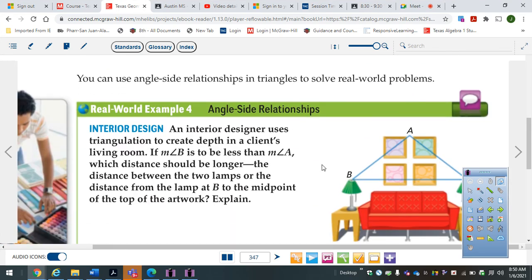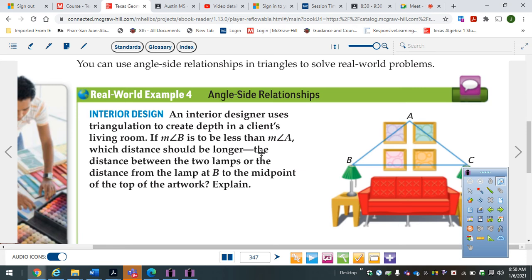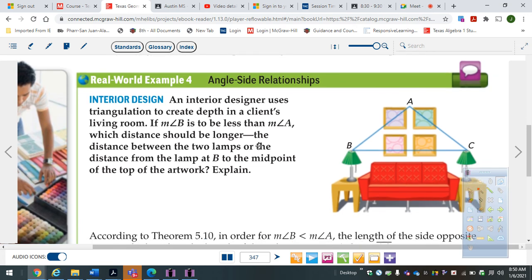Oh, wait. Let's look at this one real quick. Okay, real world example. Y'all see that? Pretty cool. Okay, an interior designer uses triangulation to create depth in a client's living room. If the measure of angle B is less than the measure of angle A, which distance should be longer?